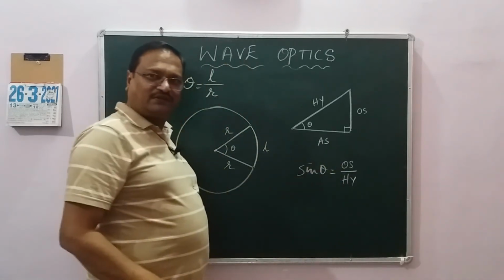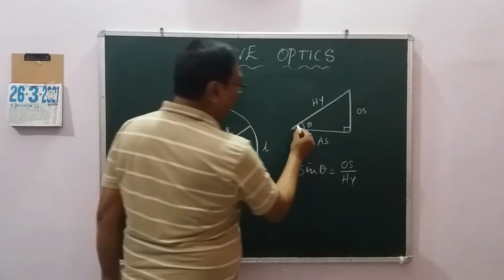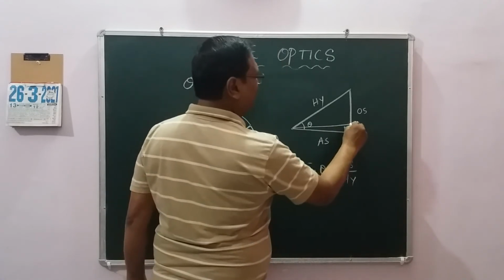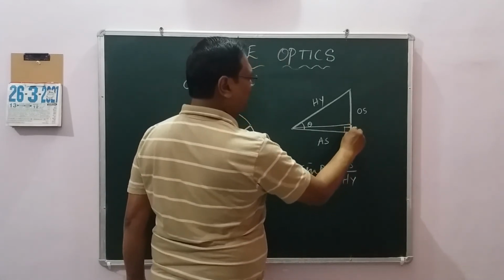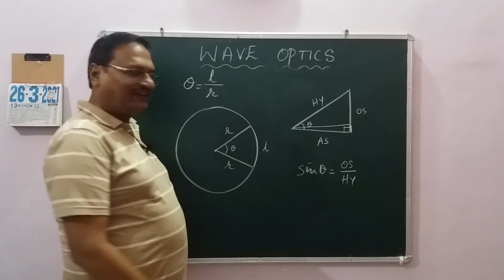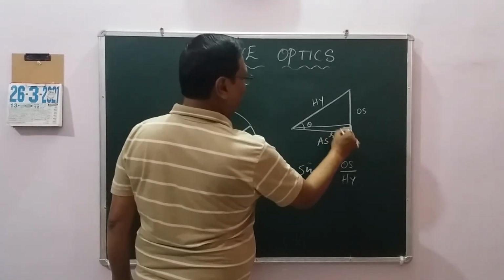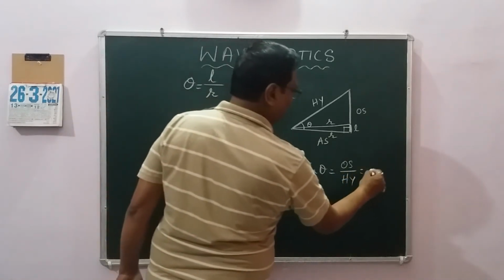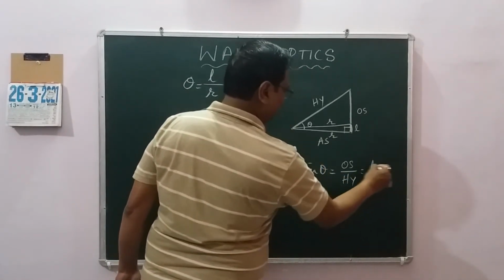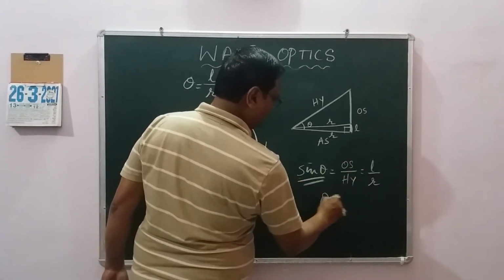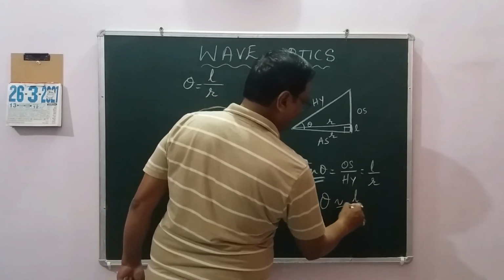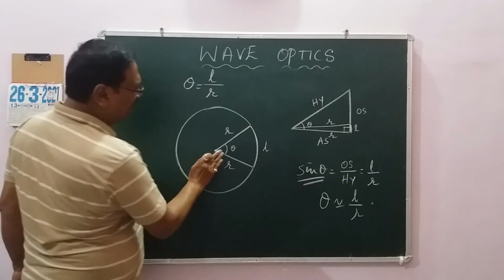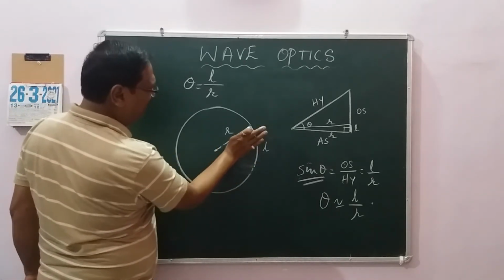But if theta becomes very small, then this perpendicular more or less behaves like an arc, and the hypotenuse is nothing but the radius. So sine theta is approximately arc length upon radius.